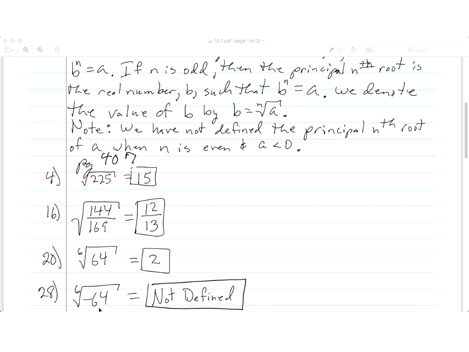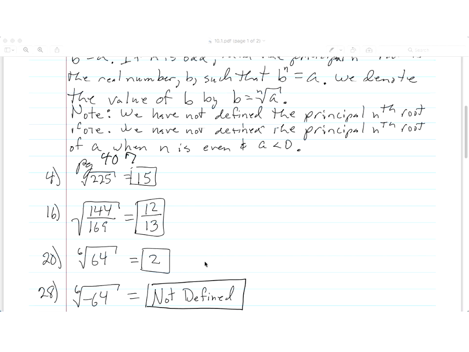Since I've not defined the even root of a negative number, then I say that this is just not defined. Maybe in the future, like at the end of this week, we'll know, but at this particular moment, I do not know. I've yet to define the sixth root of negative 64.